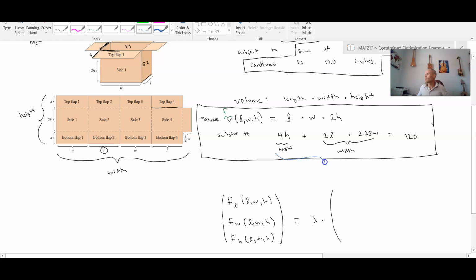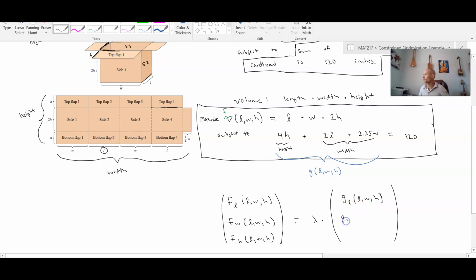Now, this right here is our G, and in this case, G depends on L, W, and H. G is just the generic name that we give our constraint function. So then we're going to need G sub L of L, W, and H. As long as we do L, W, and H here, we have to do L, W, and H here in the same order.